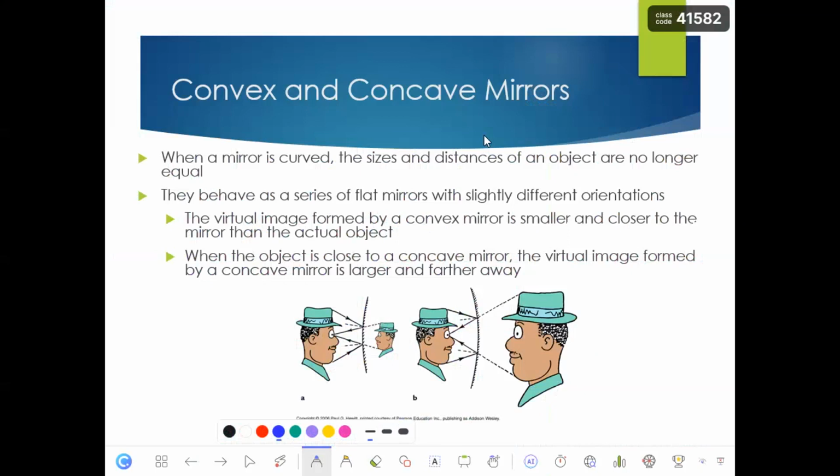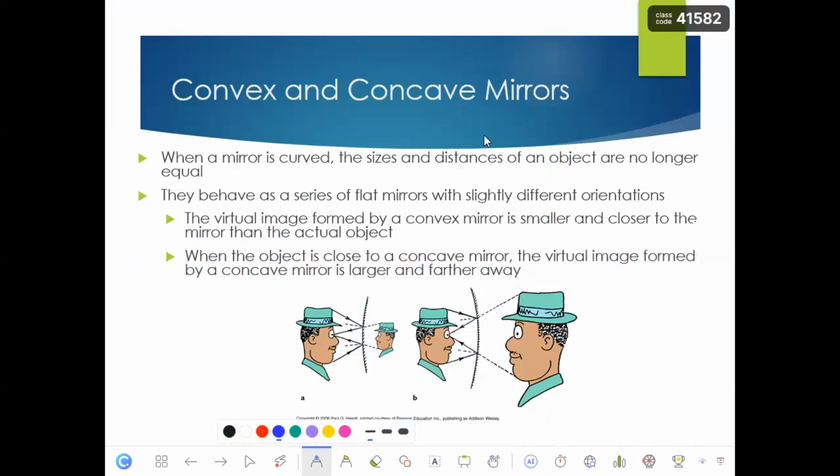You see here we have two mirrors, concave and convex. So how are the concave and convex mirrors created? Instead of having a plane mirror, we will have a curved mirror. Good. So we will call them convex or concave mirrors.